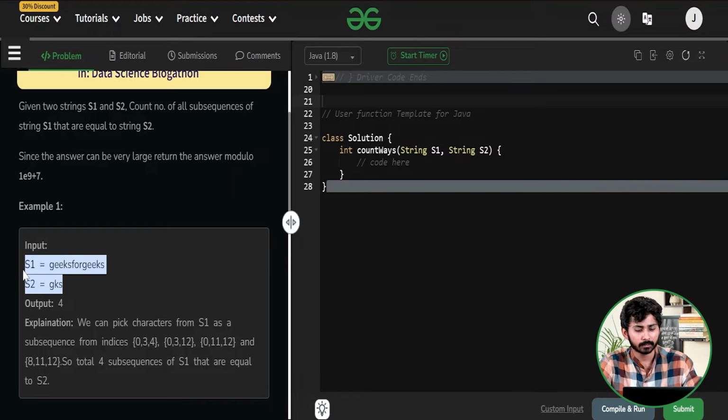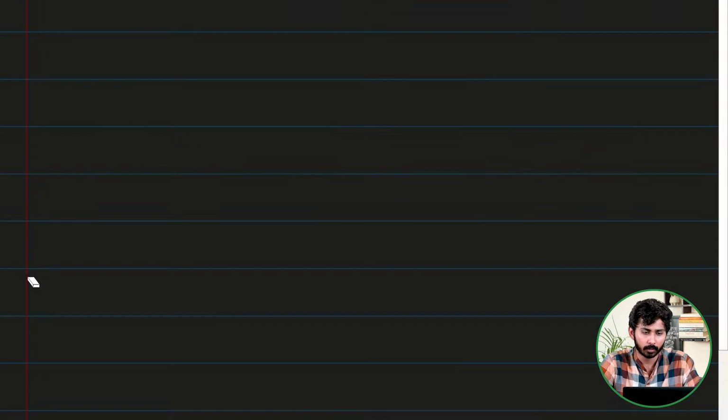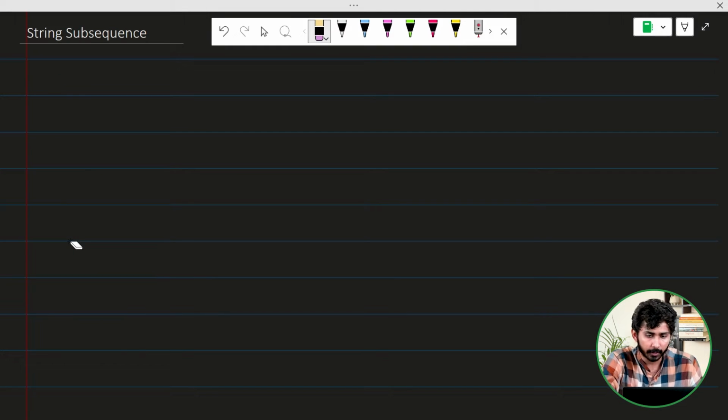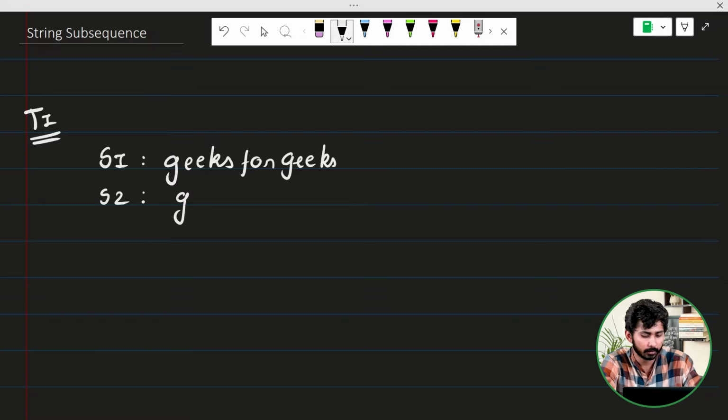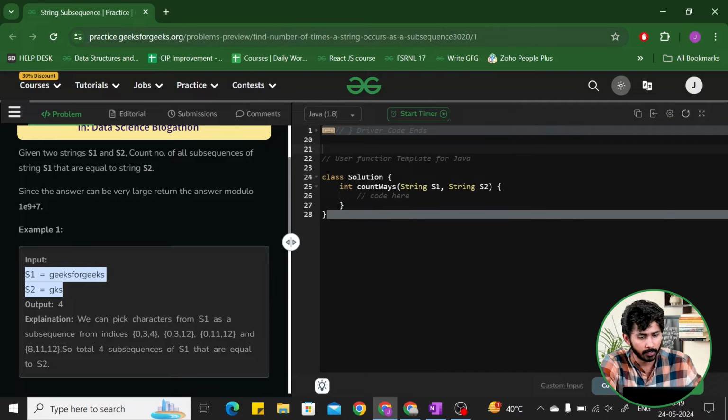So let's take this example and try to understand what the question is trying to say. Let's say we have string s1 and string s2. String s1 is geeksforgeeks, and the other string is gks.